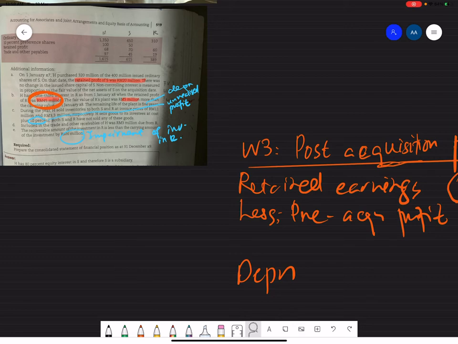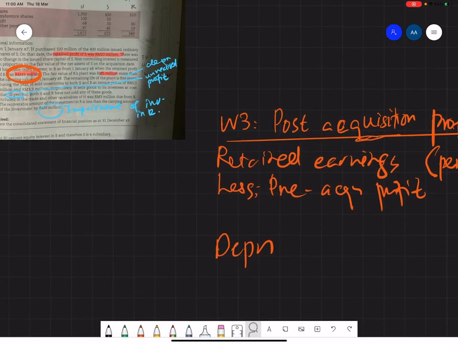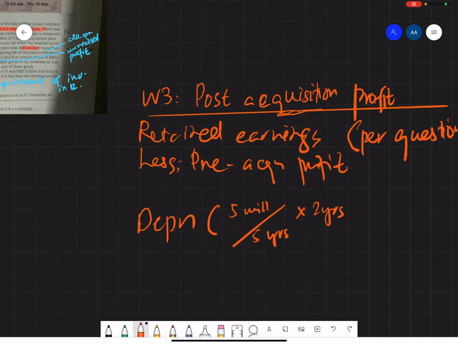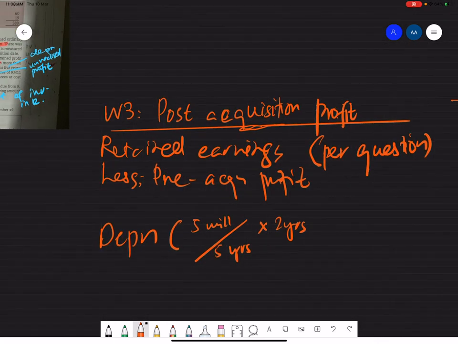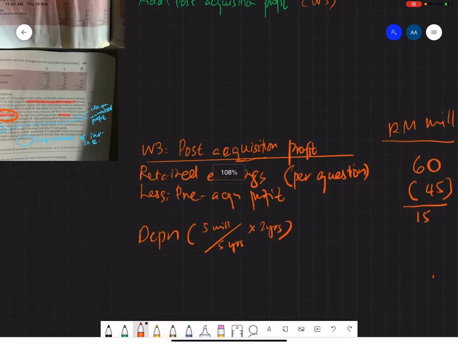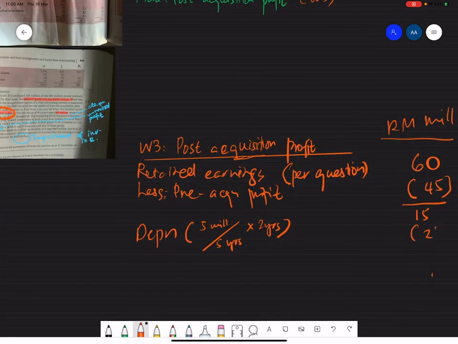So how much is the fair value adjustment? 5 million, over 5 years, and it has been depreciated 2 years already. So we have 2.